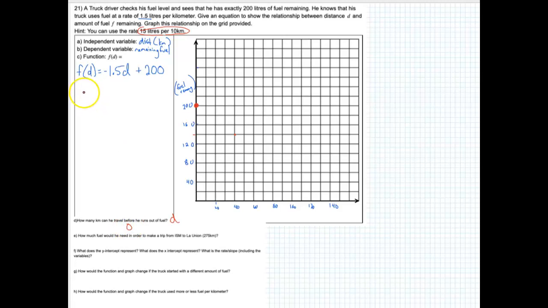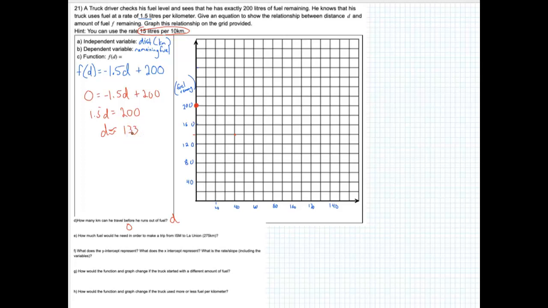So our output is 0, negative 1.5 D plus 200. Okay. So 1.5 D is equal to 200, and then I undo the multiplication by dividing, so D is approximately 133.